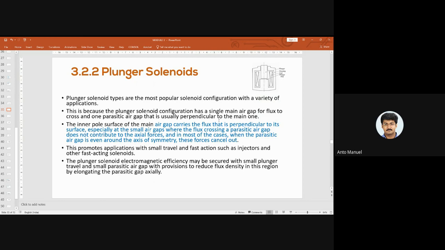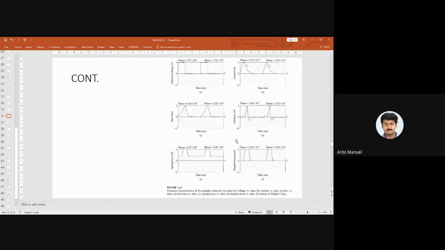Moving to the next slide, going deeper into the static characteristics of the solenoid. In this, the applied voltage increases with time.